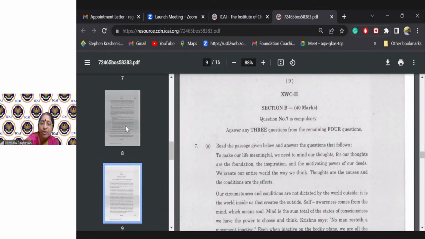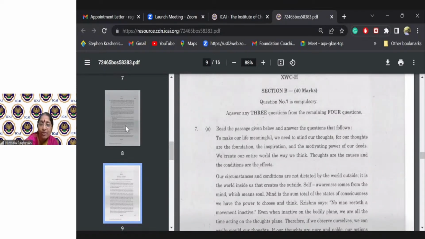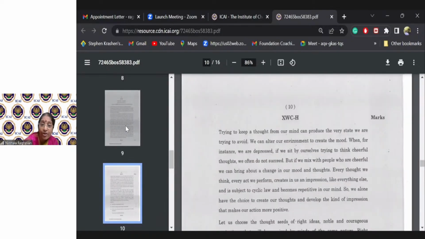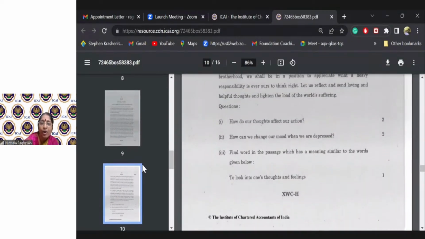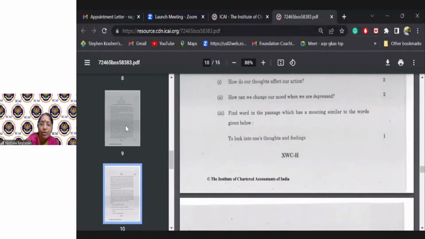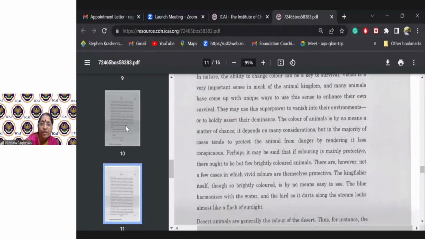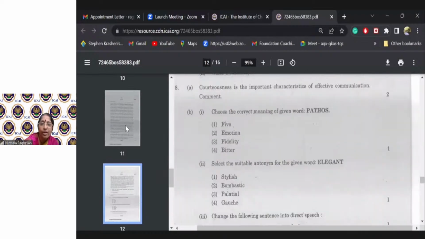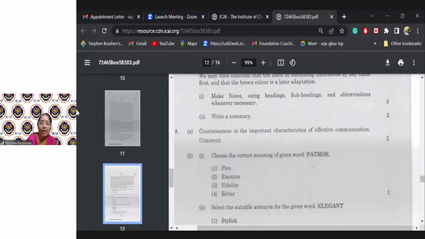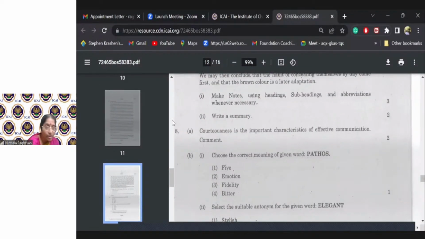That is a very important thing that you need to remember. Okay. So you see section B, 40 marks. This is BCR. First question number 7 is comprehension, and that's very important. Now, after a 5-mark question, you get this: read the passage for note making. Okay. After that, look at question number 8.